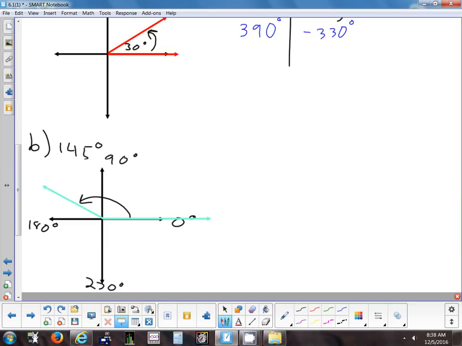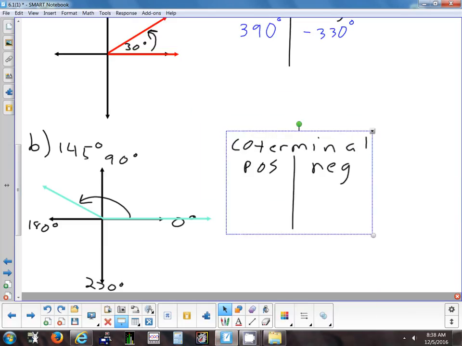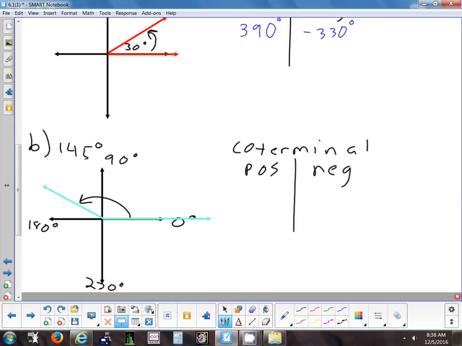All right, so now I want to find an angle that's coterminal and positive. What's an angle that would be coterminal to 145 and positive? 505, yep. Just add 360 to it.